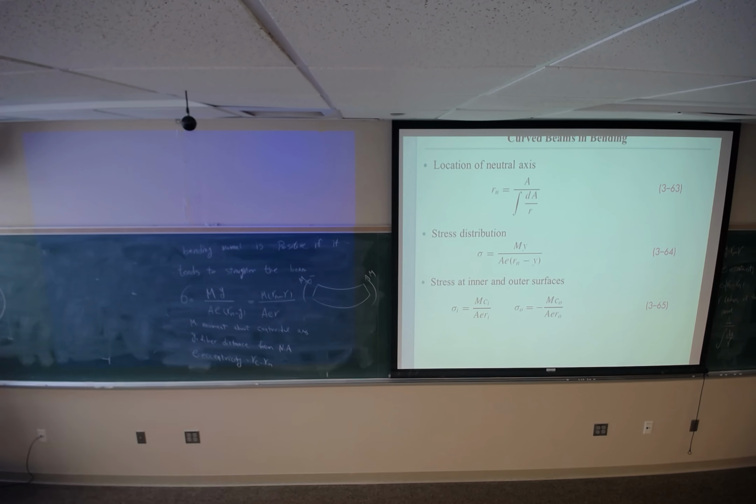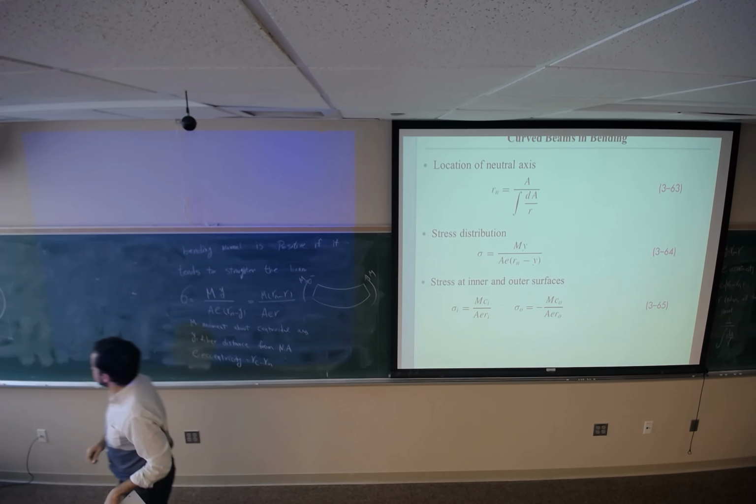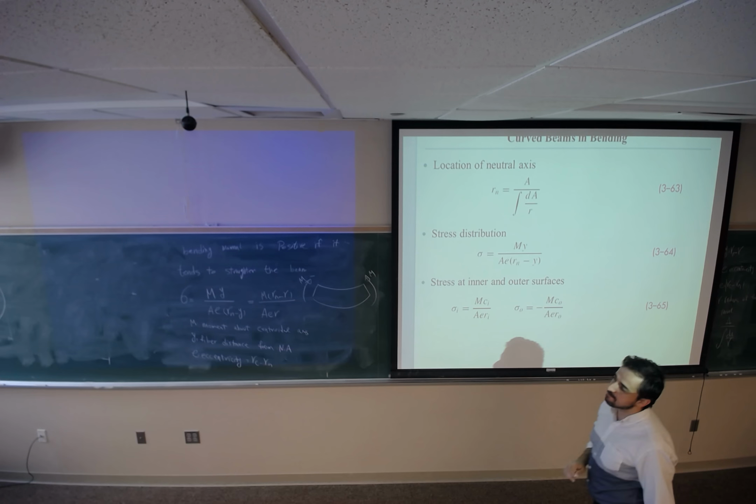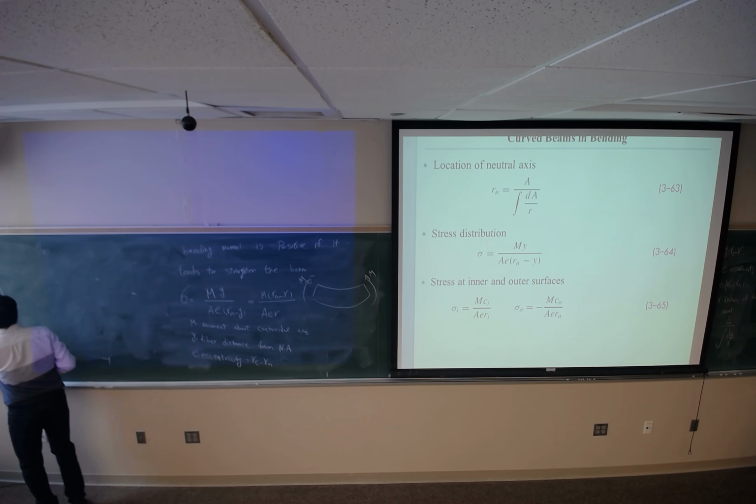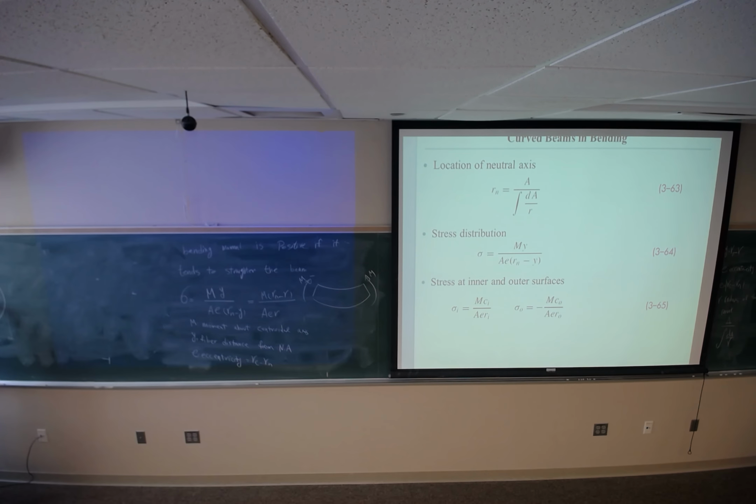If we put a weight of 5,000 pounds on the hook, applied at the middle, we would like to find the stress distribution at cross section AA.